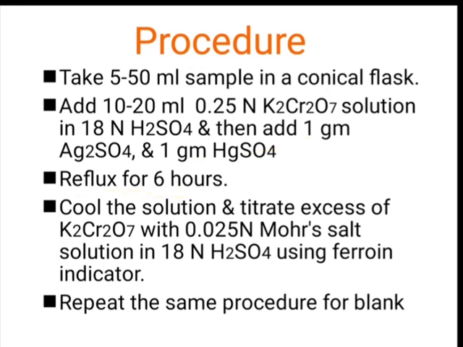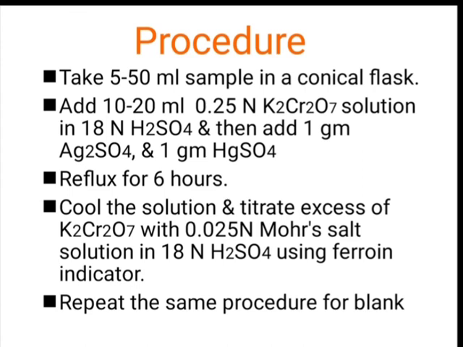After 6 hours, cool this solution and titrate the excess of potassium chromate with Mohr's salt solution, that is 0.05 normal FAS in 18 normal H2SO4, using ferroin as an indicator.